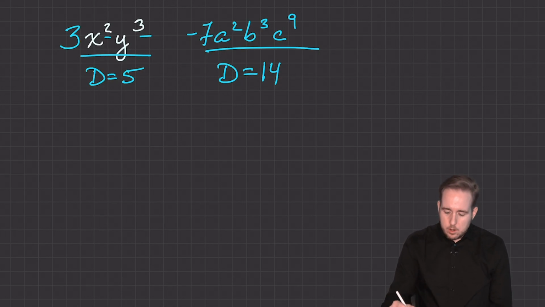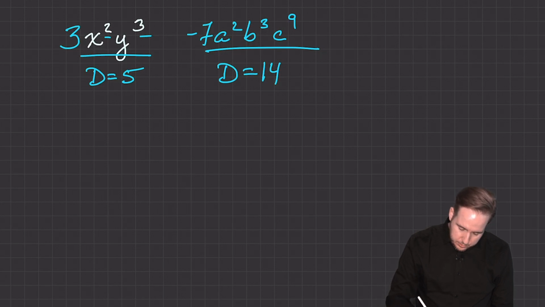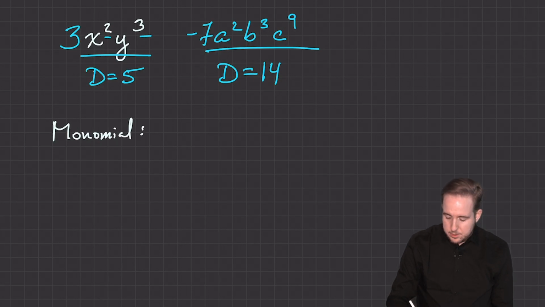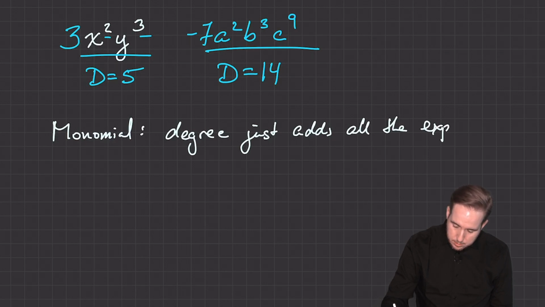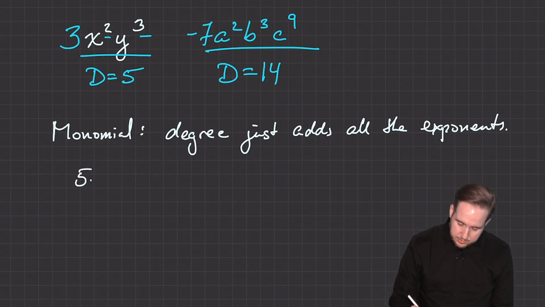So for a single term, so for a monomial, degree just adds all the exponents. Okay, so you have to ask, well, what does that mean? What about 5x?